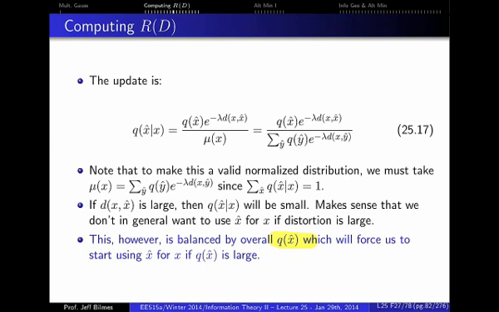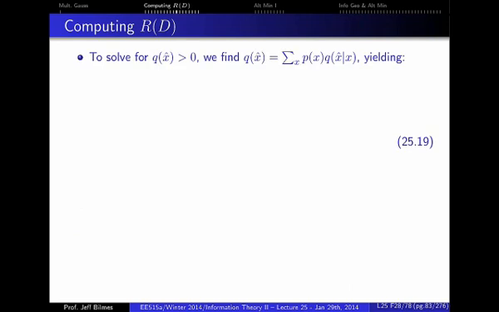Because it's saying, well, absolutely, for some reason, maybe because my distortion constraint is that my distortion is very small, I still might use that if that marginal q of x hat is small. So when q of x hat is strictly greater than 0, and the reason for that is because we're going to need to divide by it, we can actually construct this and compute this quantity.